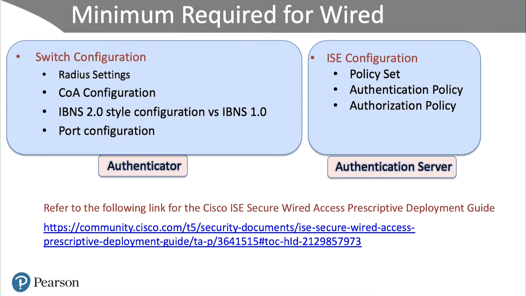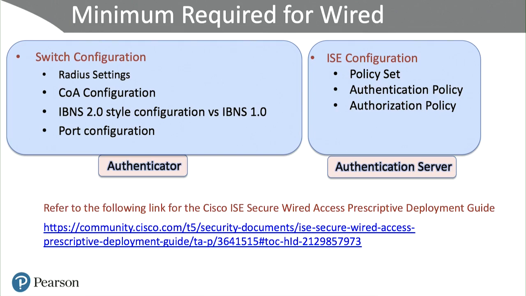Now, if we look at the minimum required configuration for a switch or a wired device, I've got both switch configuration and configuration that needs to be set on the ICE server. From a switch configuration perspective, the key components are the RADIUS settings, the change of authorization configuration, the switch port configuration, which is either going to be based on what's called IBNS 2.0 or IBNS 1.0.